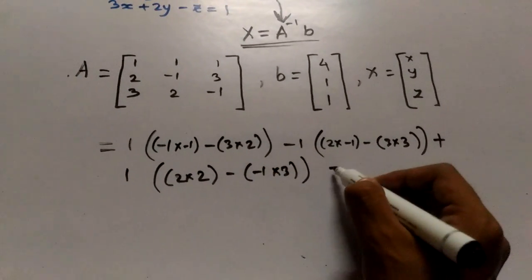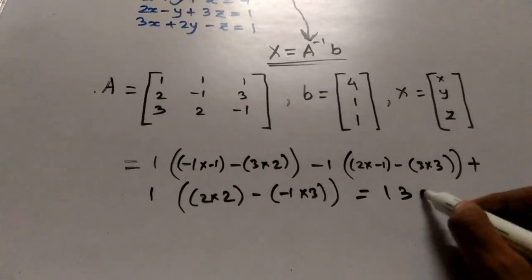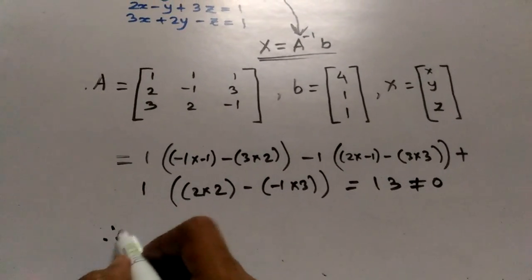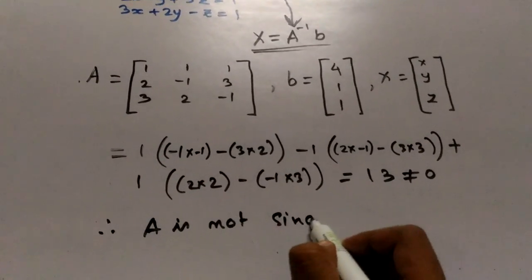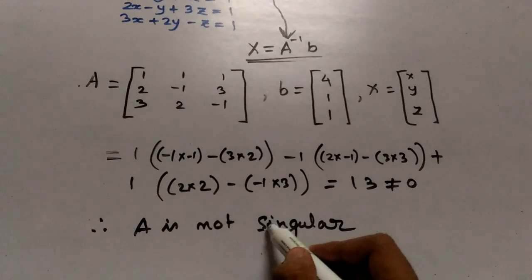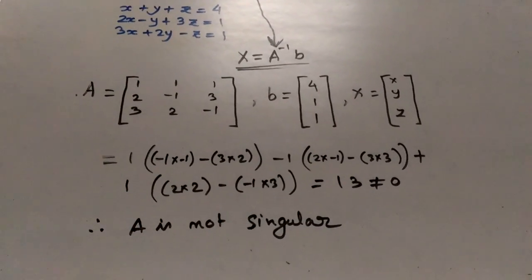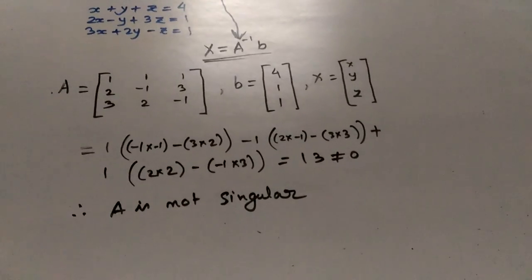So this is equal to 13. Now see, 13 is not equal to 0. Therefore A is not singular. That means we can find the inverse of A. So the next step will be finding the adjoint of A.